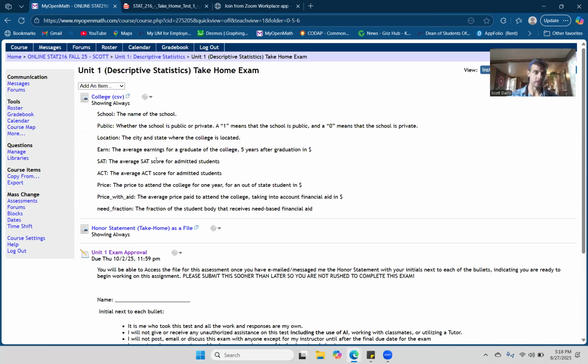It's not one student. The average ACT score for admitted students, again, collective for the entire school. The price to attend the college for 1 year for an out-of-state student in dollars, the price with aid, the average price taking into account financial aid, and then the fraction of students that receive need-based financial aid.